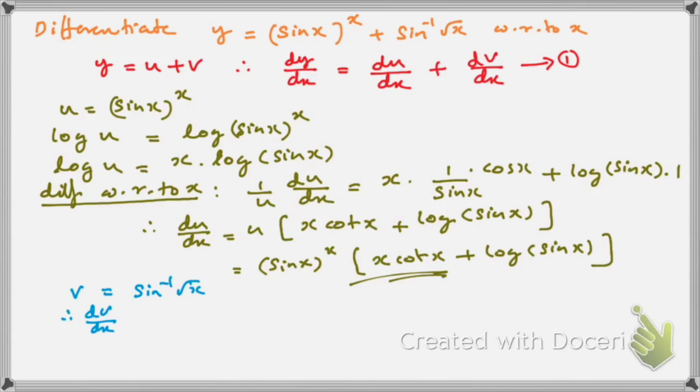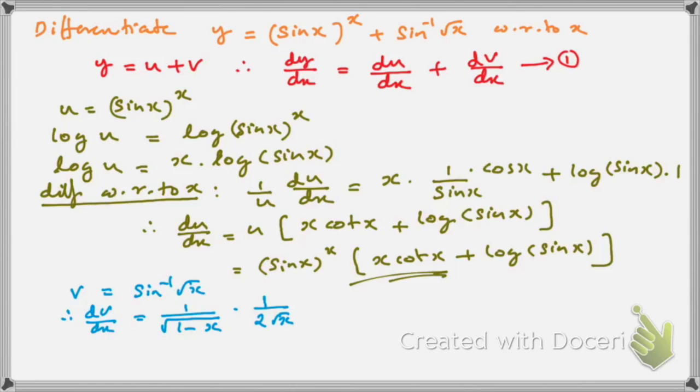So the derivative of sin inverse of root x would be 1 by root of 1 minus root x the whole square. But it's not finished, into the inner derivative, because it was not x inside. So 1 by root of 1 minus root x the whole square, into the inner derivative, the derivative of root x, which is 1 over 2 root x.